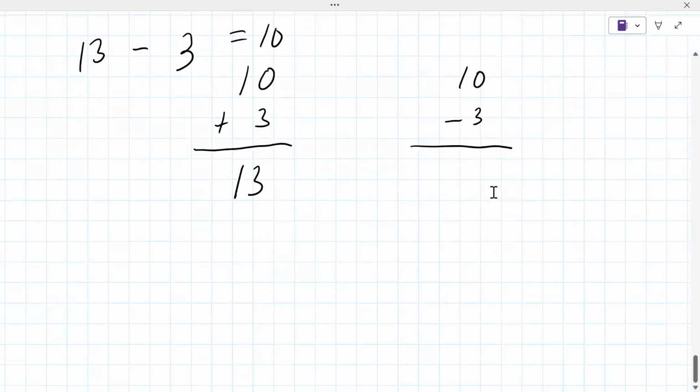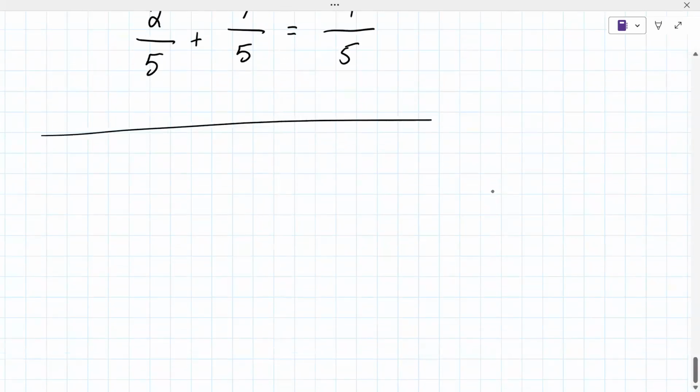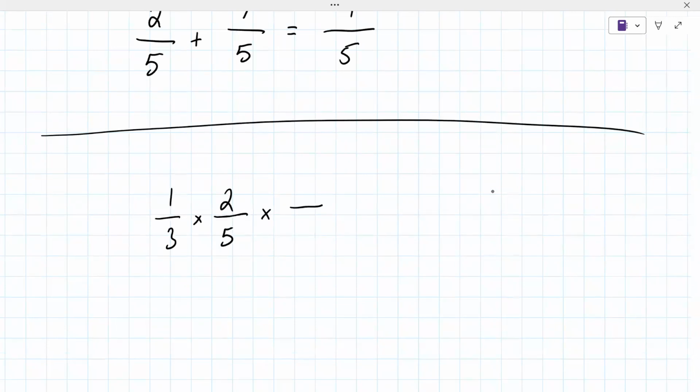All right, let's look at some fraction problems here. What is 2/5 plus 7/5? 9/5. Good, very good. Here's a new problem. What is 1/3 times 2/5 times 7?